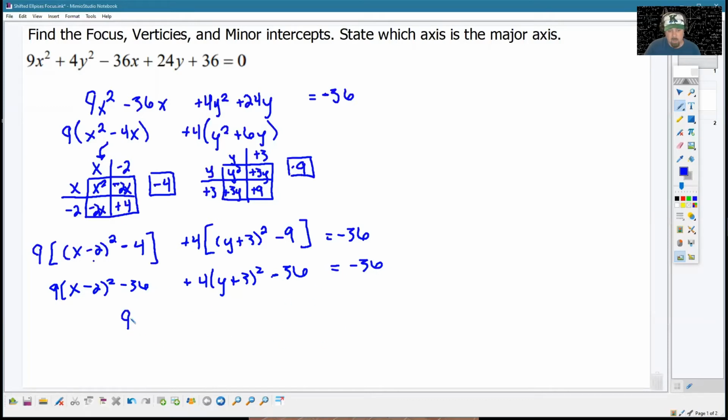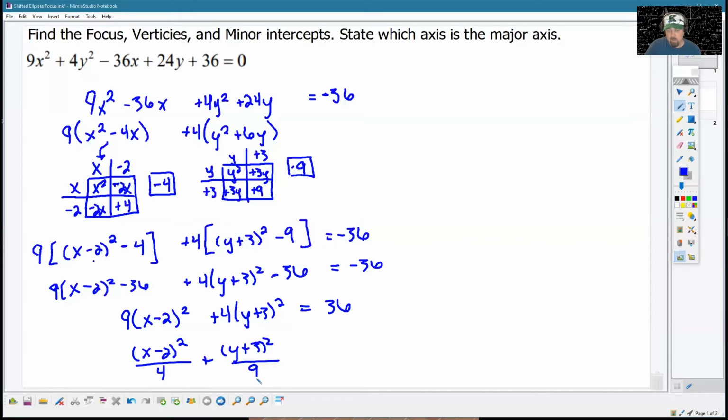So this is 9(x minus 2) squared plus 4(y plus 3) squared equals positive 36. Then we divide everything by 36. So we get (x minus 2) squared over 4 plus (y plus 3) squared over 9, and now we have that equal to 1, which is how we want this.